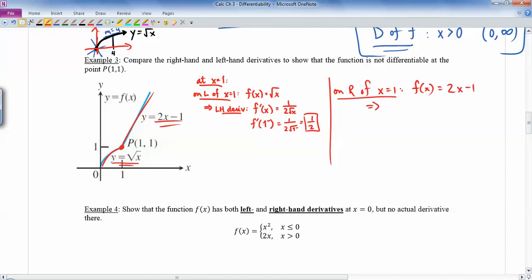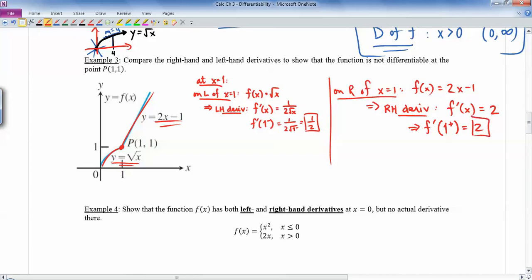That means the right-hand derivative, the slope on the right side, is an easy derivative. If I look at the line 2x minus 1, the slope is always 2. So the derivative on the right side of 1 is 2.